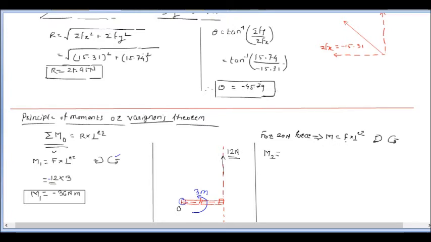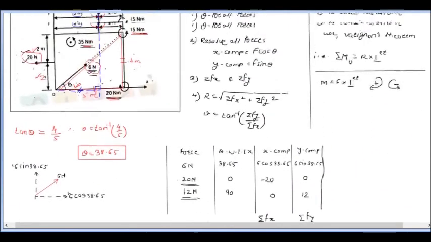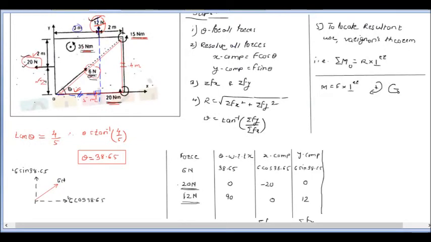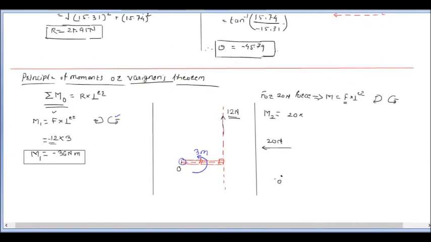So the force is our 20 Newton, multiplied by, once again at one side I'm going to draw this fixed point O, and somewhere this is our 20 Newton force. So according to the diagram, this is the 20 Newton force and this is the fixed point. So accordingly I have drawn that force and this fixed point.